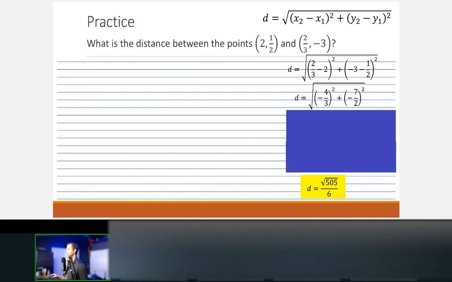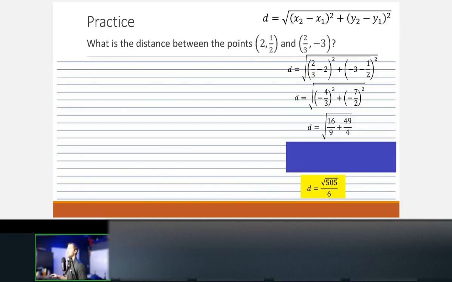Whether you typed it in or you did it by hand, all of you should have got that. Okay, good. Did all of you square the fractions correctly to get that step done? Ooh. So yeah, I believe this might be where a mistake was made. So let's talk about this one.